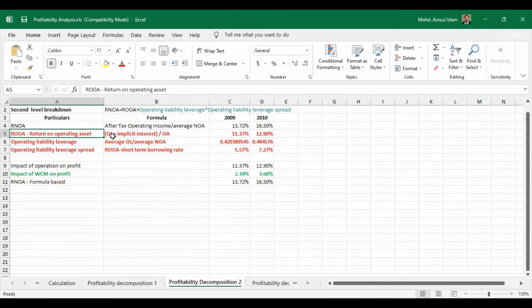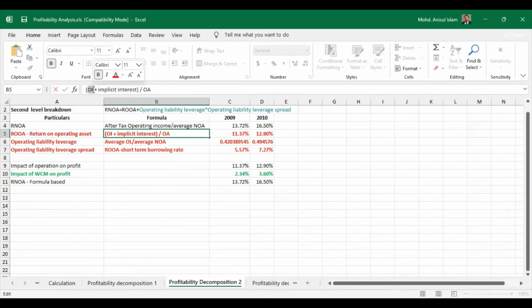The operating income will be the summation of after-tax adjusted operating income, which you already have, and implicit interest on short-term liabilities, which we could avoid if we didn't have any operating liabilities. So we are adding back the implicit interest cost.